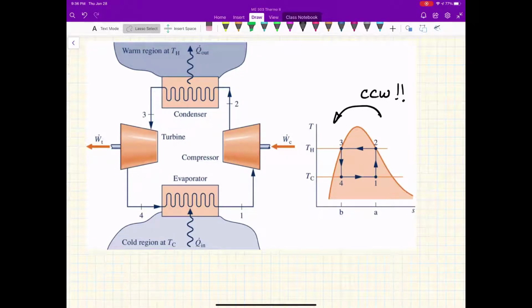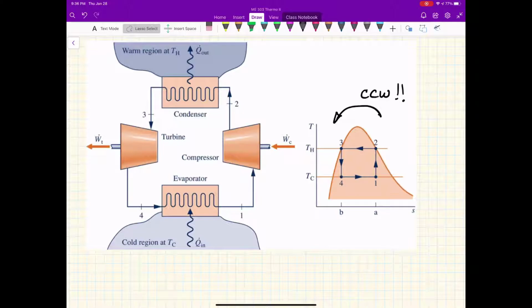We come out of the condenser at state 3 as a saturated liquid, quality 0, at that same pressure as came out of the compressor. So loss-free flow through the condenser; there's no delta P in there.